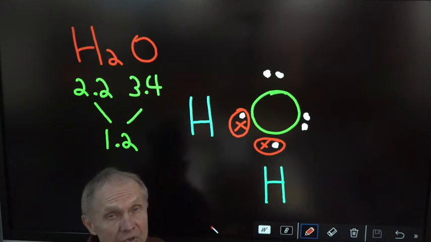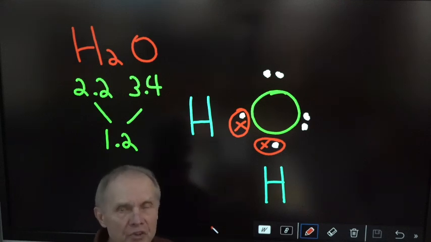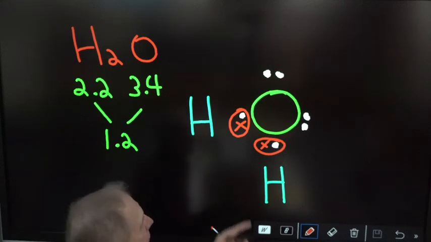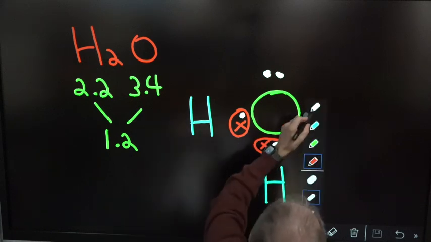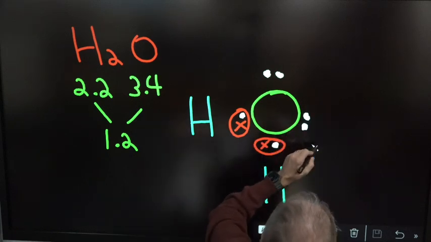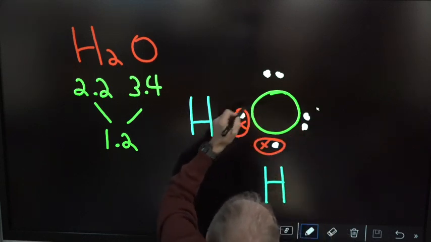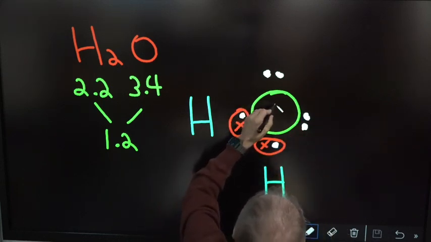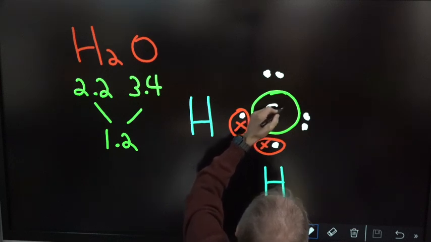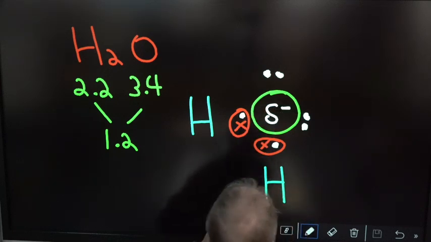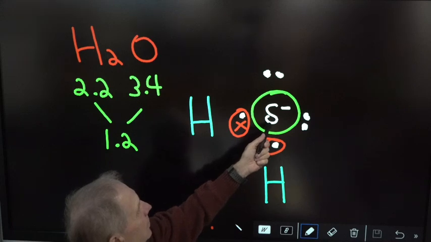Now, in high school chemistry, you don't have to know the symbol for slightly, but we're going to do it anyhow. So oxygen, slightly positive and slightly negative, this means this. So that's the slightly sign, slightly negative.